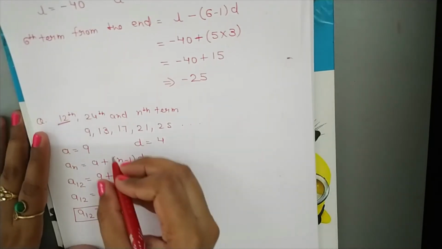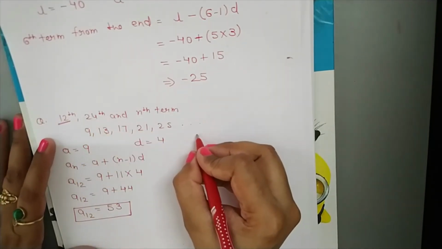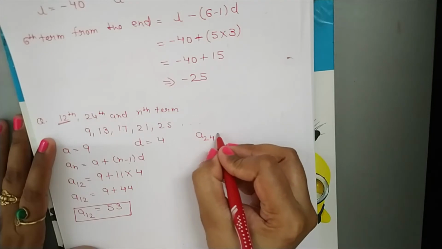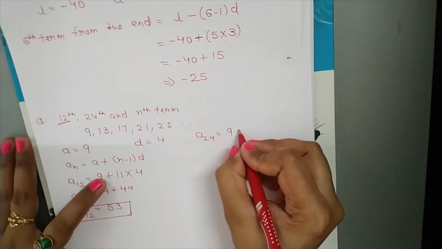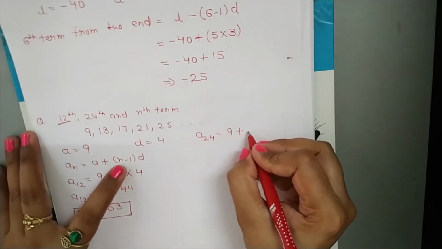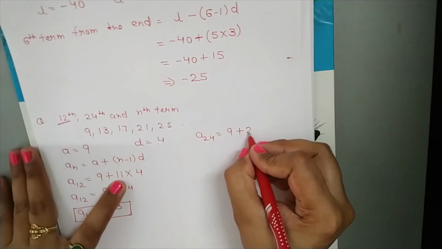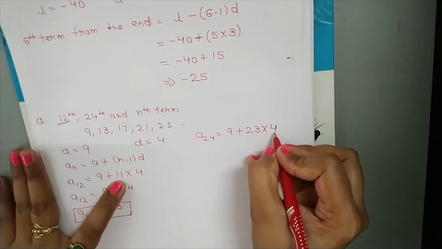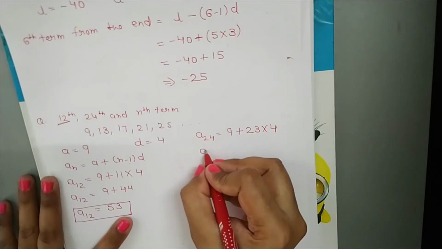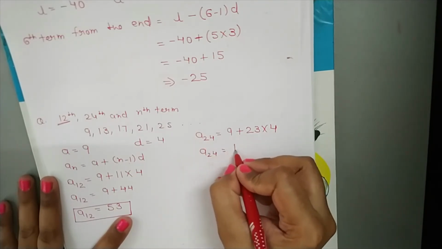Now we have to find a24. So a24 will be 9 plus (24 - 1), that is 23 into 4. So a24 will be 101.